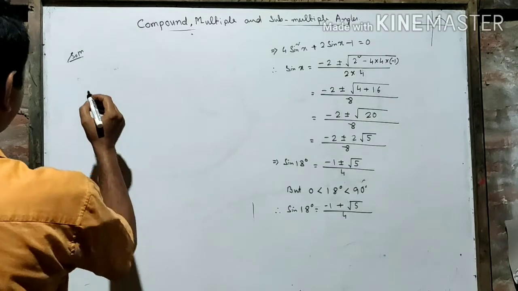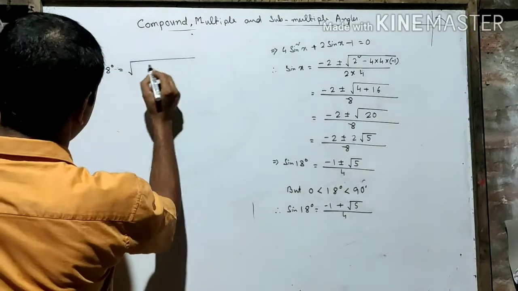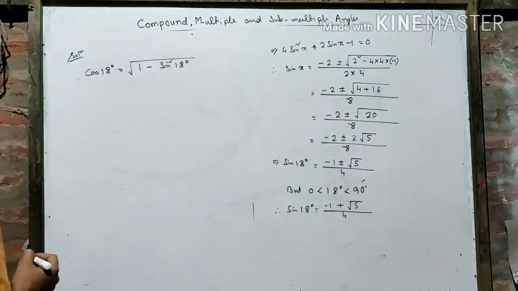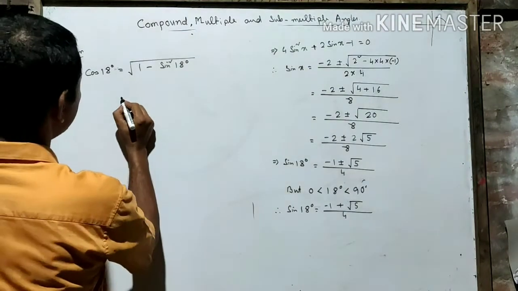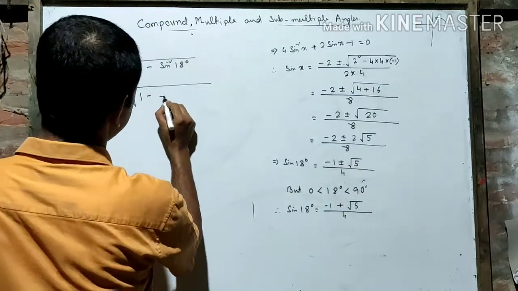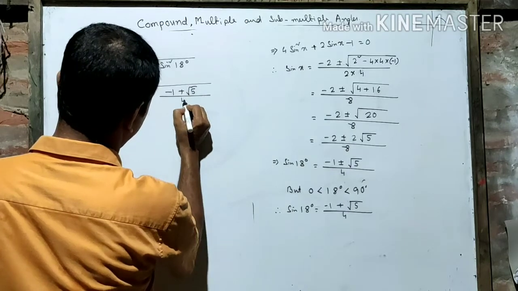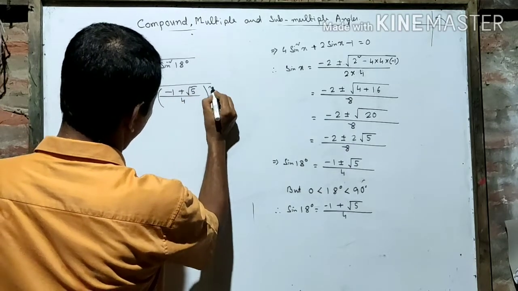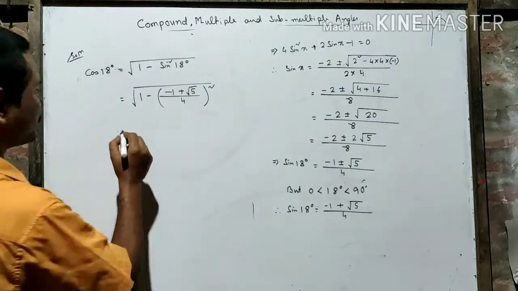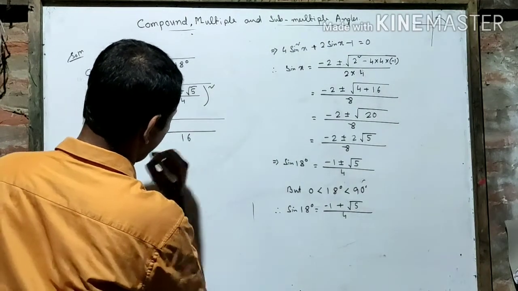So we know that cos 18 degree is equal to root over 1 minus sine square 18. And what is the value of sine 18 degree? We have just found it here: -1 plus root 5 by 4, whole square. This is equal to 1 minus, 4 square is 16.